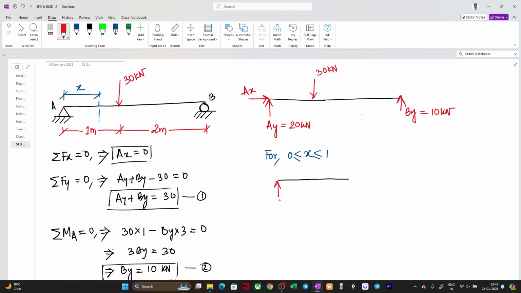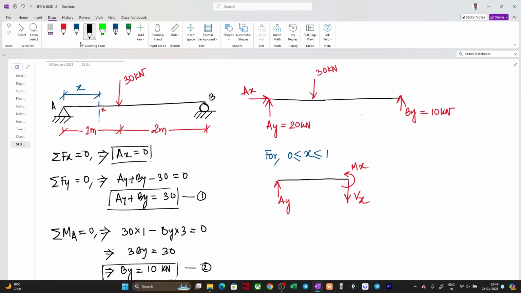Here we are getting Ay. I will not draw Ax because we already know Ax equals 0. Now as we are drawing a section here, there will be some shear force, so suppose this is Vx, and there will be a moment, suppose this is Mx. We are considering this point as x now.